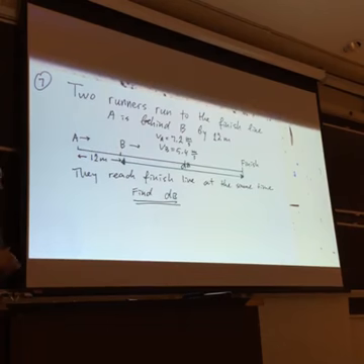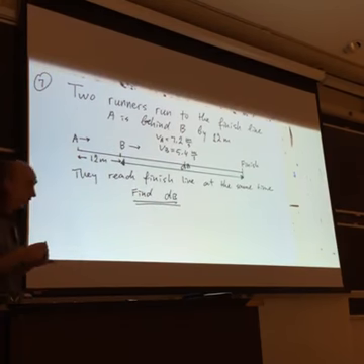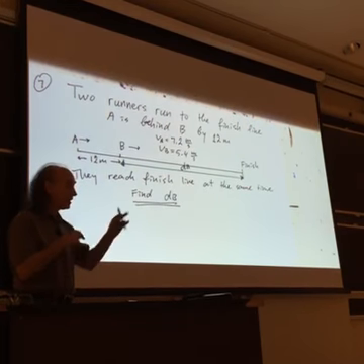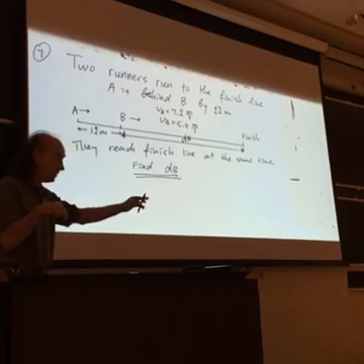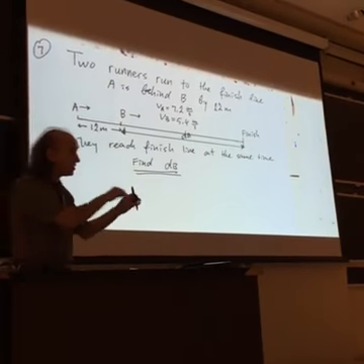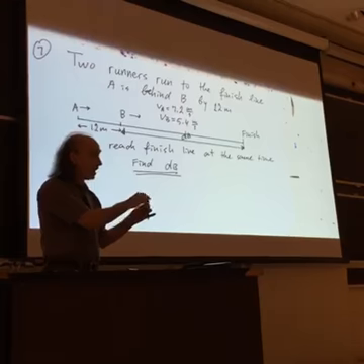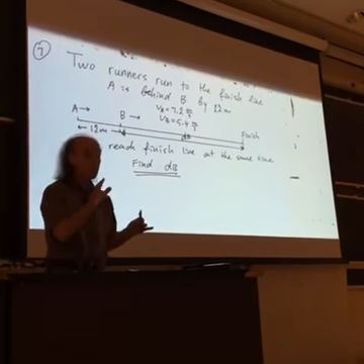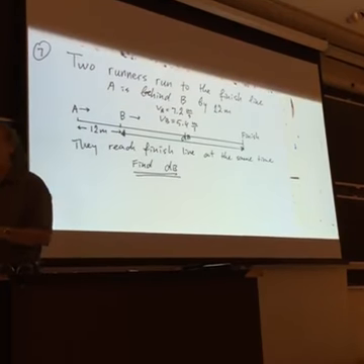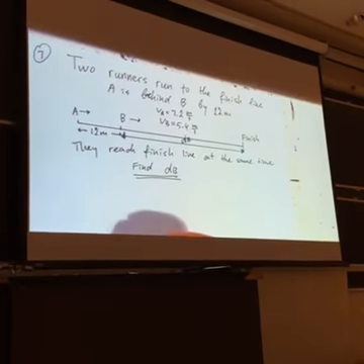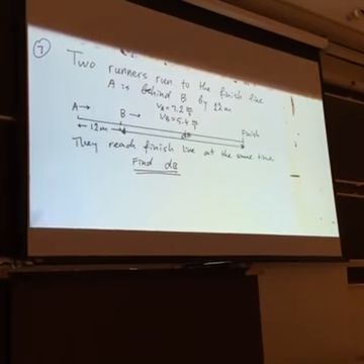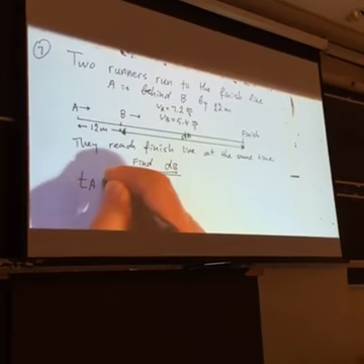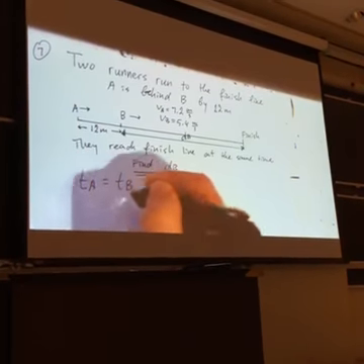So we need to pay attention to what is given, what is the situation. Something that we know, it says they reach the finish line at the same time. So the time spent by each of them before reaching the finish line is the same. Time of A equals time of B. And this gives you a clue to solve this problem. Okay?